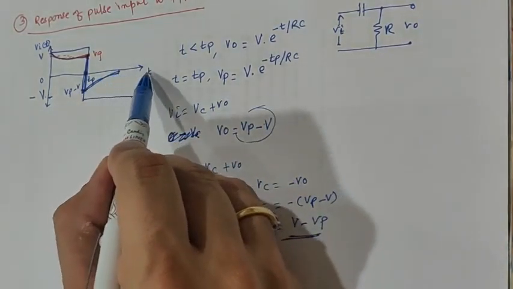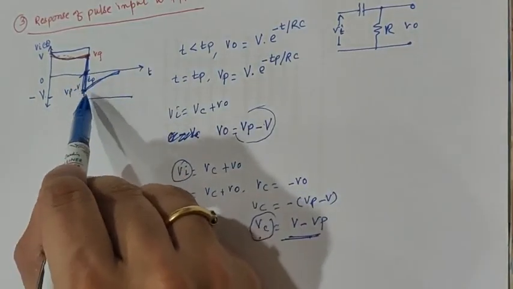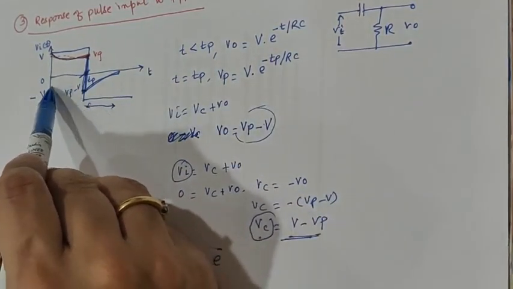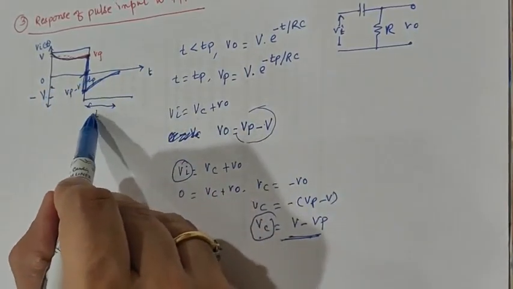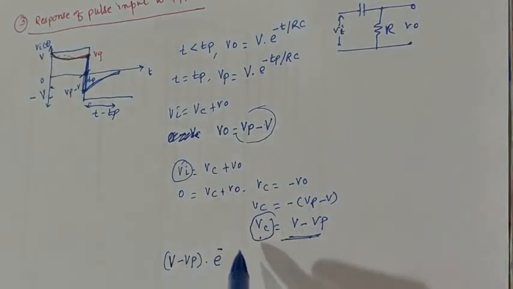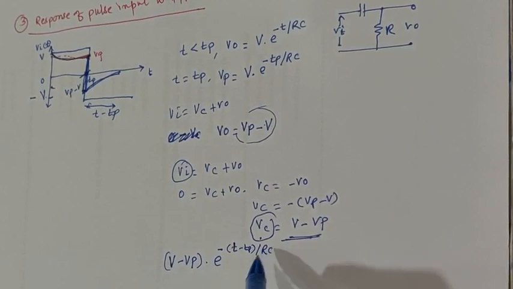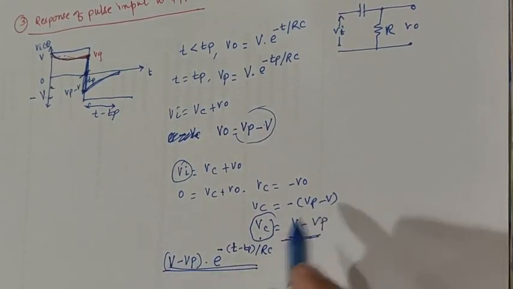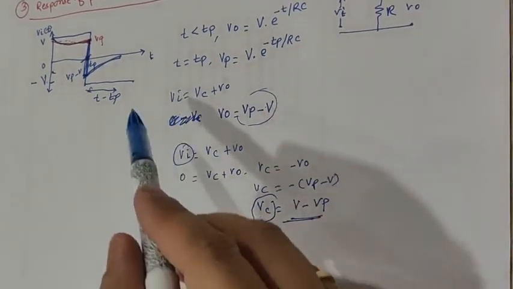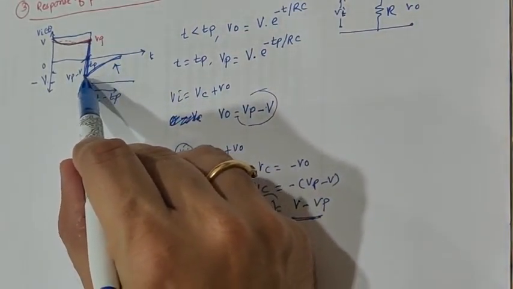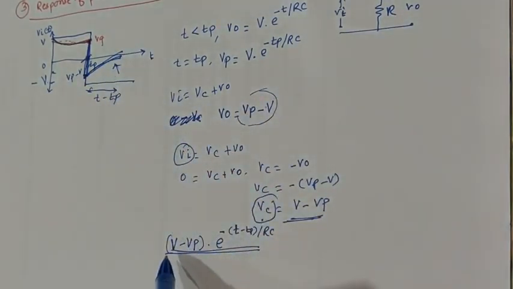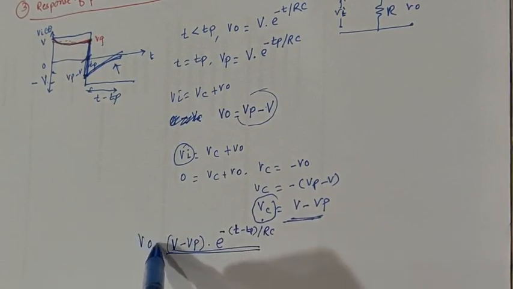The value of t here is t minus Tp, because from 0 to this time period is Tp, so after Tp the time is t minus Tp. So e to the power minus (t minus Tp) divided by Rc. By this value the output is going to discharge. So the equation of this waveform, which starts from Vp minus V, is V minus Vp into e to the power minus (t minus Tp) by Rc, and I can call it V0.